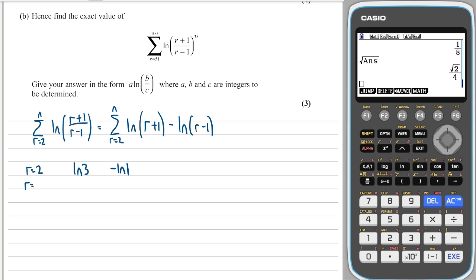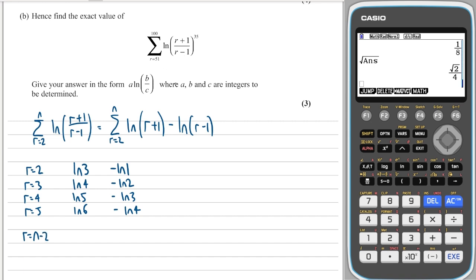So we will try r equals 3, and this will give me ln of 4 minus ln of 2. r equals 4, ln of 5 minus ln of 3. r equals 5 will give me ln of 6 minus ln of 4. And then we're going to go all the way down to, let's try n minus 2.